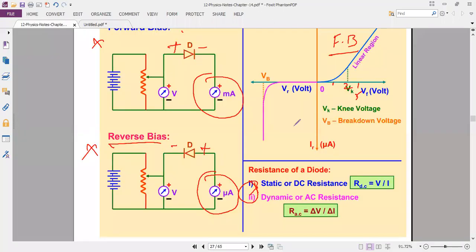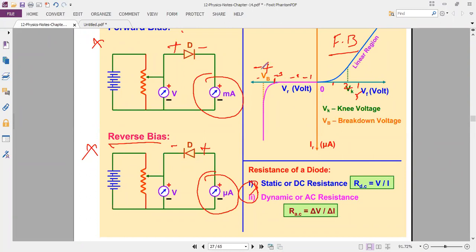But in reverse, the voltage is negative: -1, -2, -3, -4. Up to -1, -2, -3, there is no change in the current.